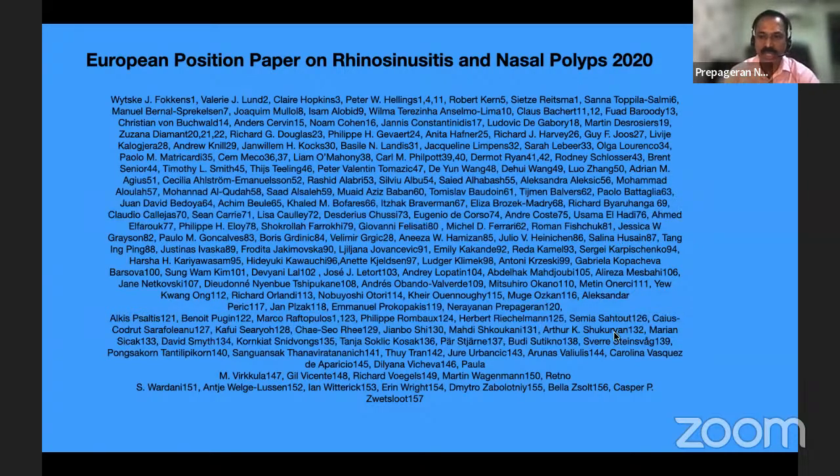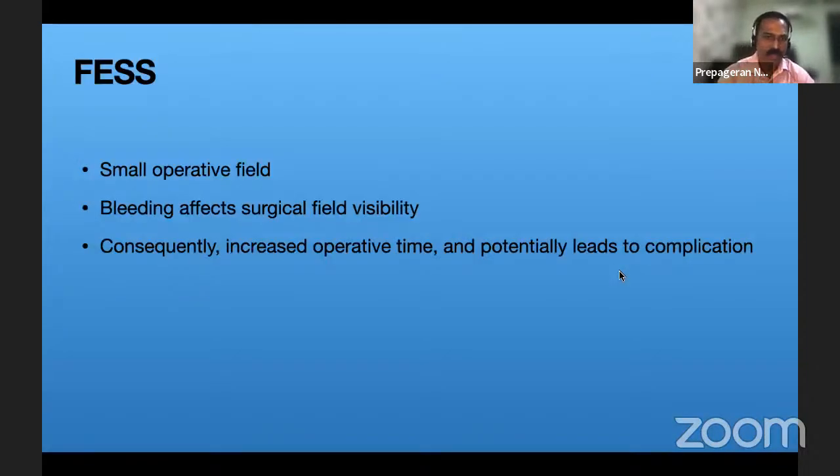I was fortunate enough to be one of the authors of the EPOS paper as well, which has summarized very nicely most of what we are going to say today. As we all know, the problem with endoscopic sinus surgery is we are dealing with a small operative field that is amplified by an endoscope.